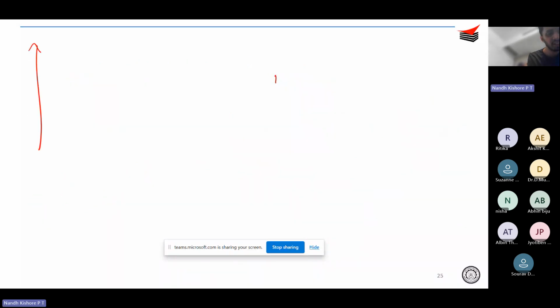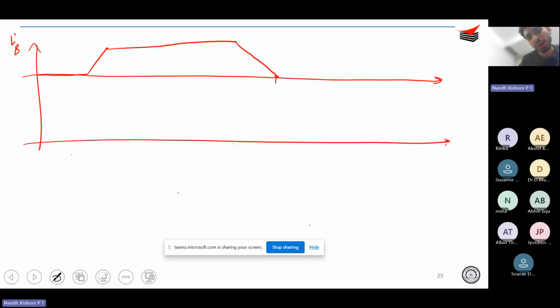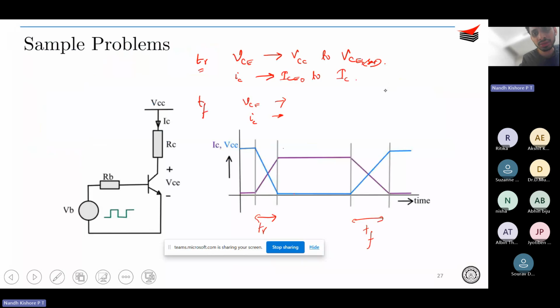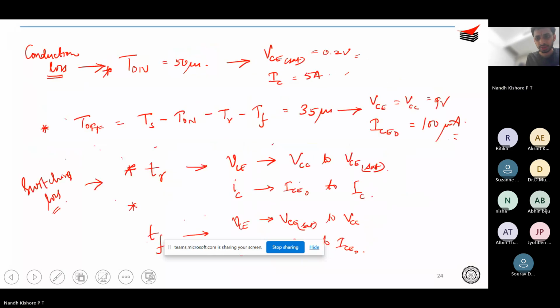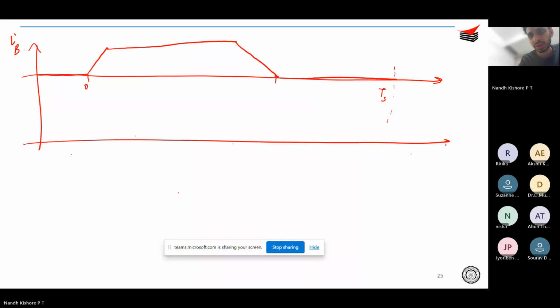So if you observe the switching cycle, or if you observe the IB pulses, what about your IB pulses? Your IB will be on for some time, then it will be off for some time. This is, let's say, your TS, and the same cycle repeats.